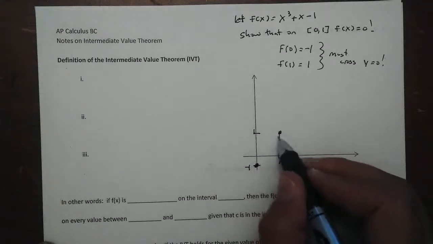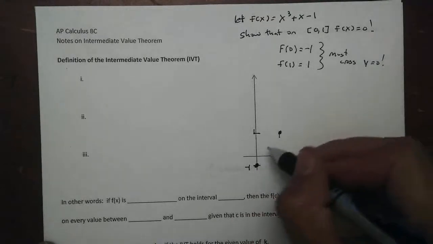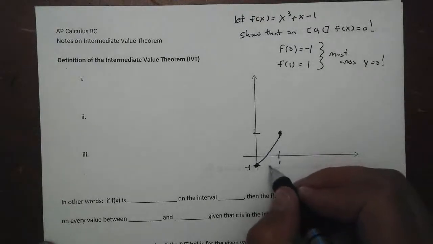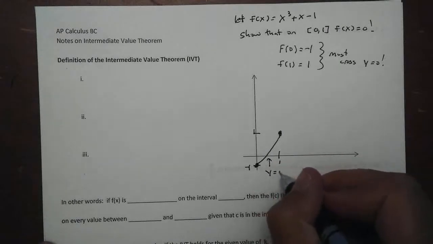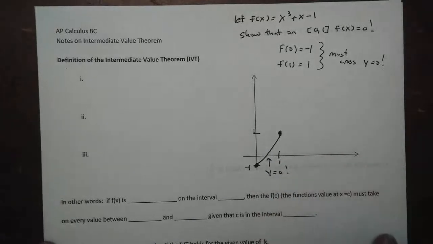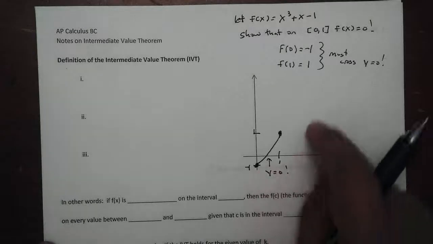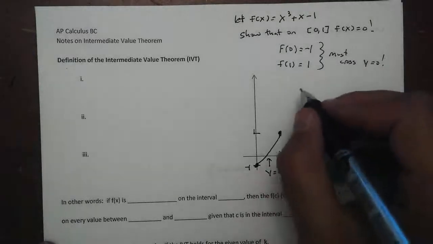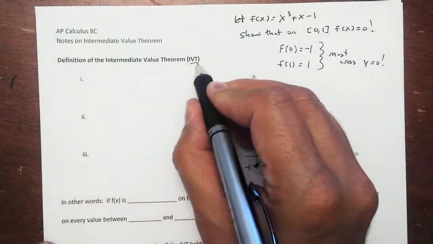So no matter what this graph looks like, if I were to connect this graph, at some point, sometime here, we know that the y value is 0 in between there. So we call this the intermediate value theorem, or IVT for short.